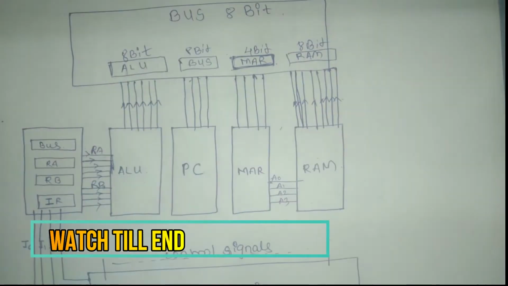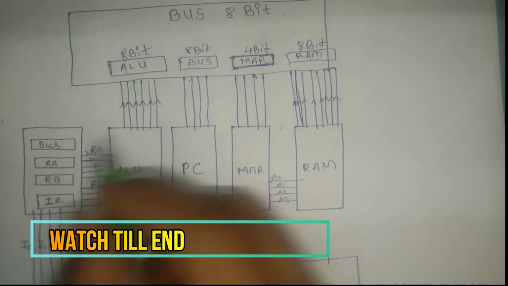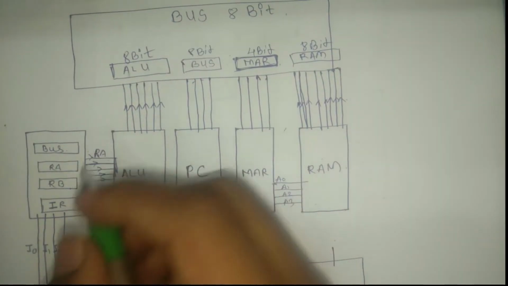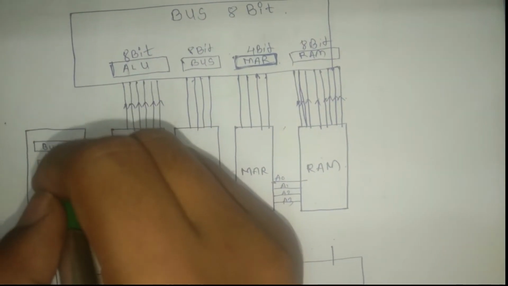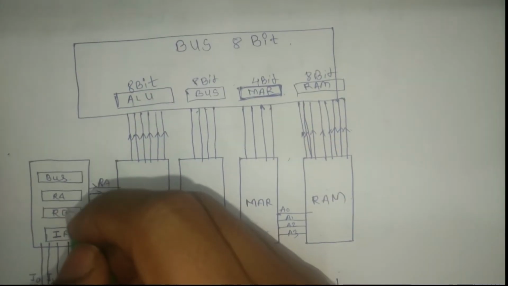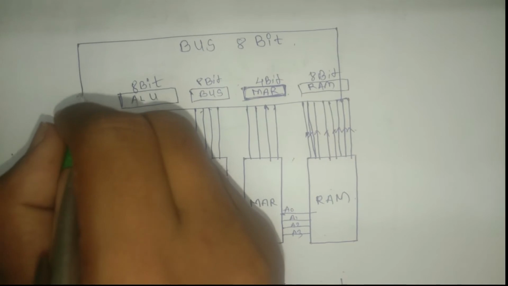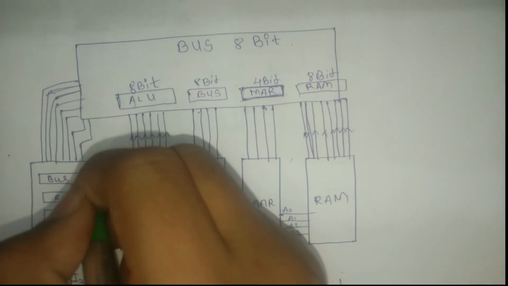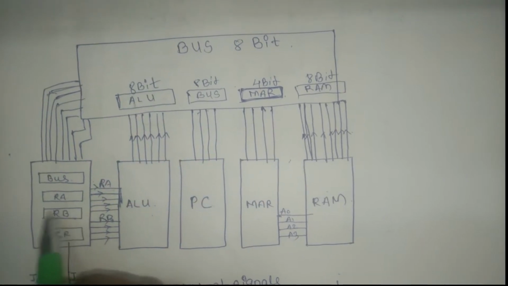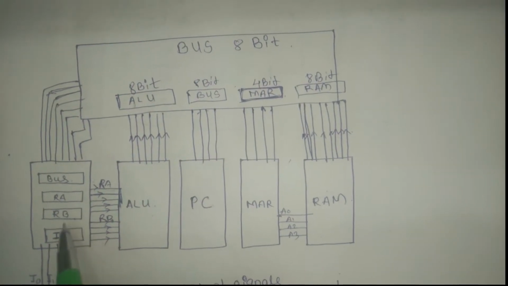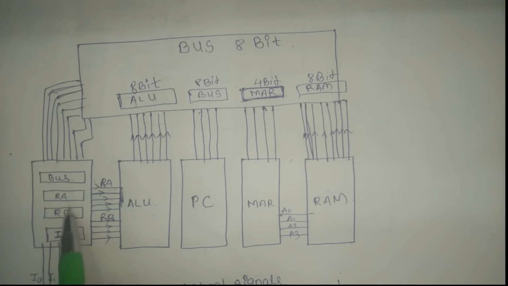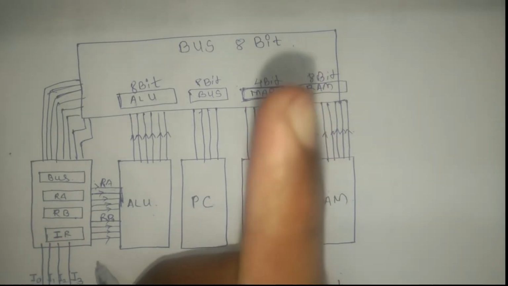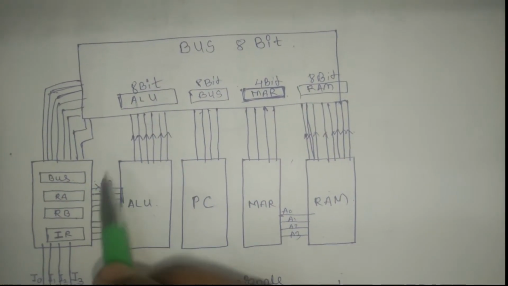Along with that, the value coming into register A, register B or the instruction register will come through the bus, as an 8-bit value. As discussed in the previous videos on registers, if you have not watched them, you can click the link here and watch that video.